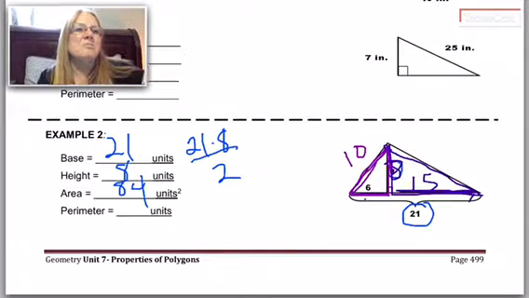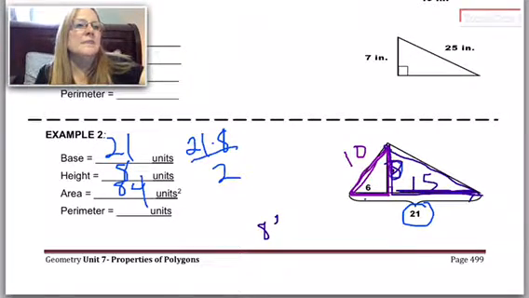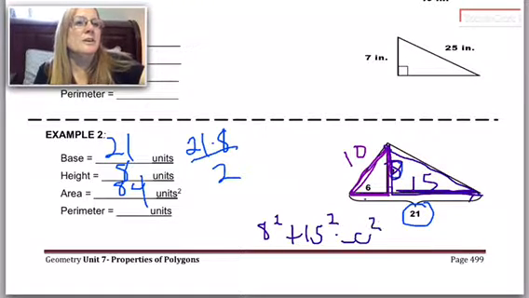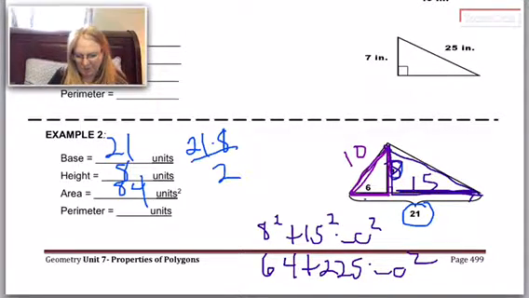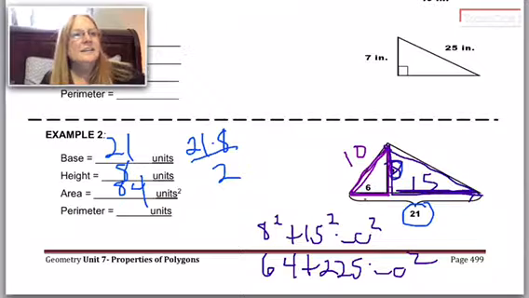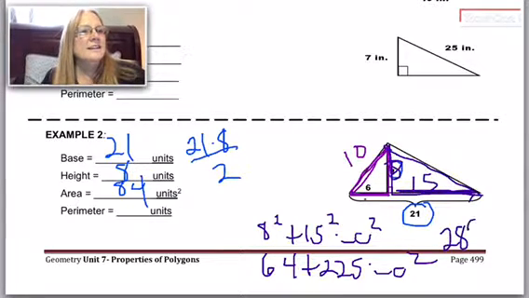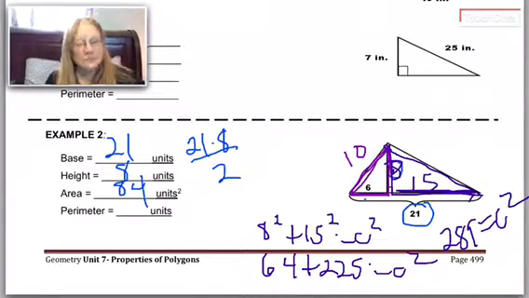Now, I think this is a triple as well, but 8 squared plus 15 squared is equal to c squared. You get 64 plus 225 equals c squared, which is 289, and the square root of 289 is 17.